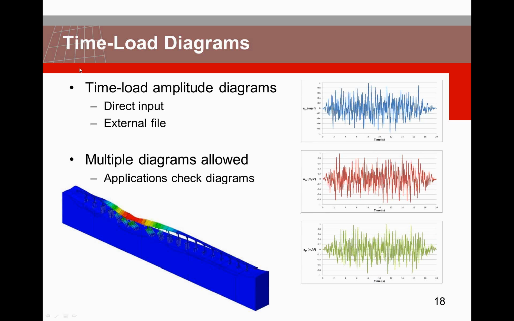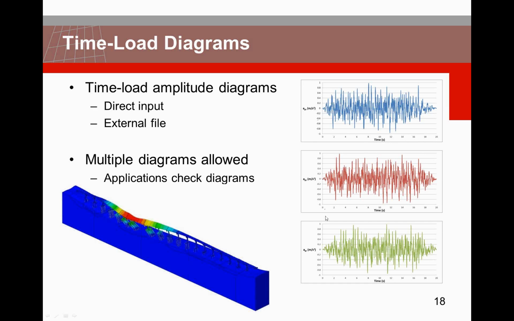As already said, you can connect these base excitation loads or these prescribed acceleration loads to so-called time load diagrams. This is just a load factor to the acceleration specified in your base load or in your prescribed acceleration. In this way, you can generate the accelerograms as known in seismic analysis.